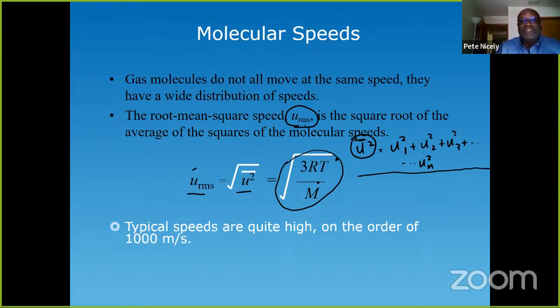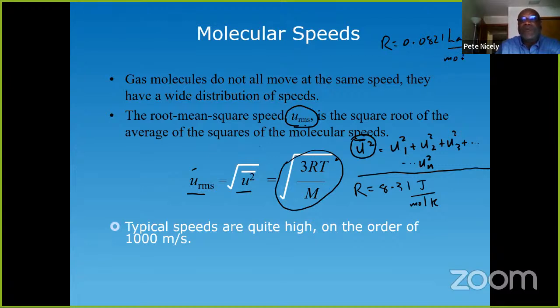If you're going to use this equation to calculate u_rms, the root mean squared speed, then you have to be careful about using the correct units associated with R. In this case, R would be equal to 8.31 joules per mole Kelvin. We have been familiar with using the other value of R, 0.0821 liters atmospheres per mole Kelvin.